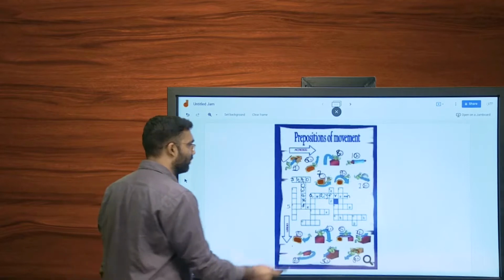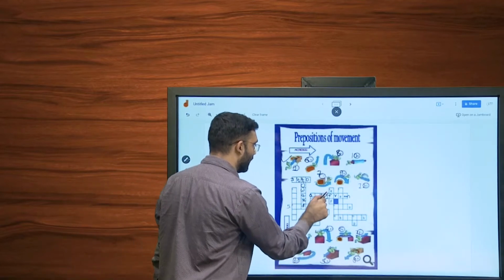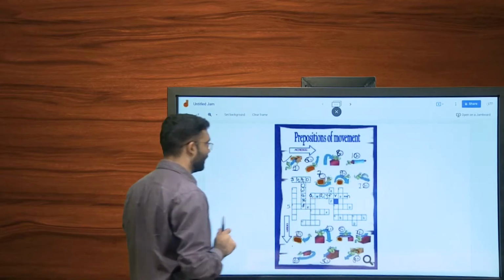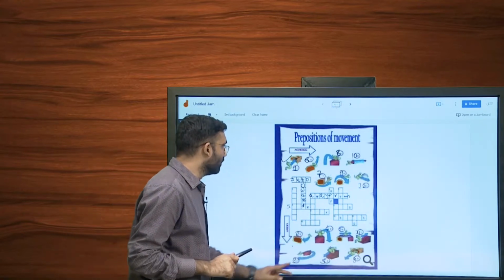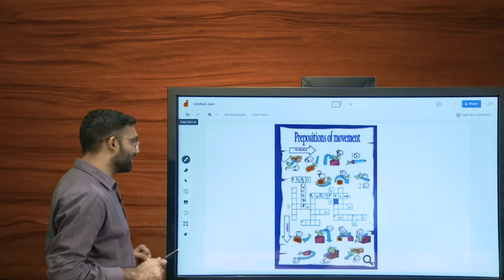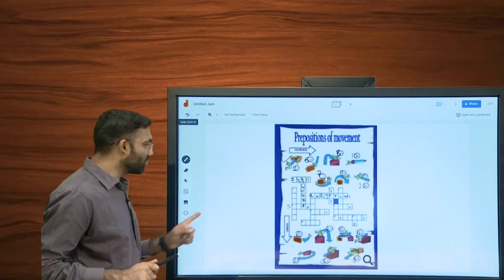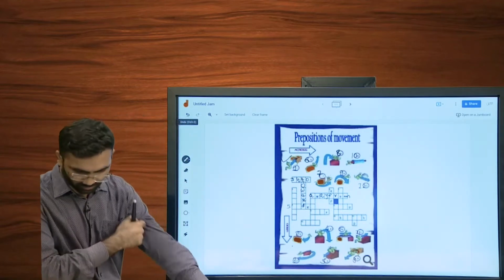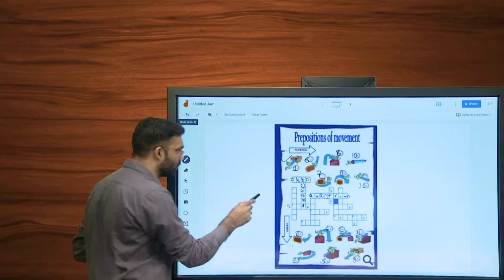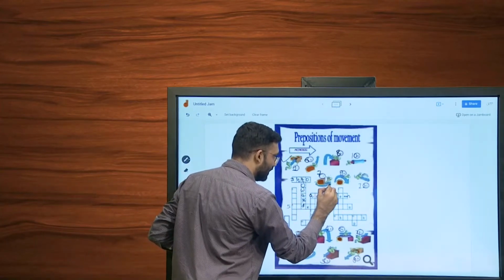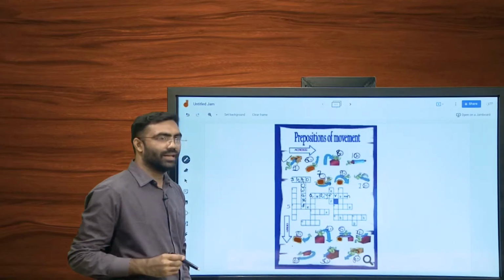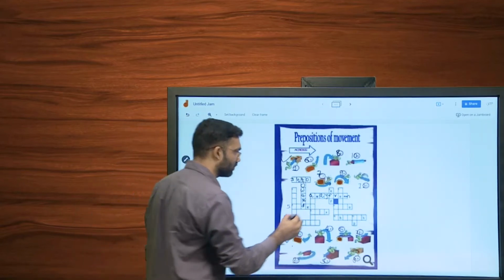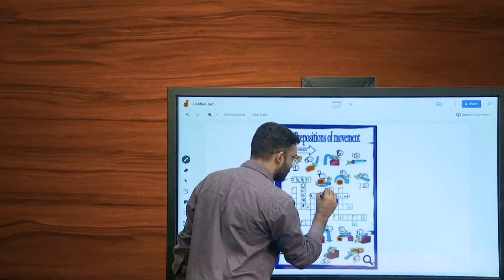Now if you see this one, OFF is already given there, which means we can look somewhere over here. Which one is this? Can you check that? I am talking about this fourth one. It's off: O-double-F.